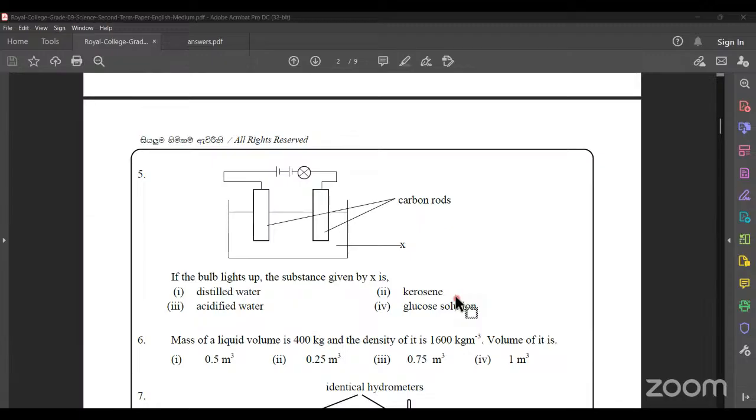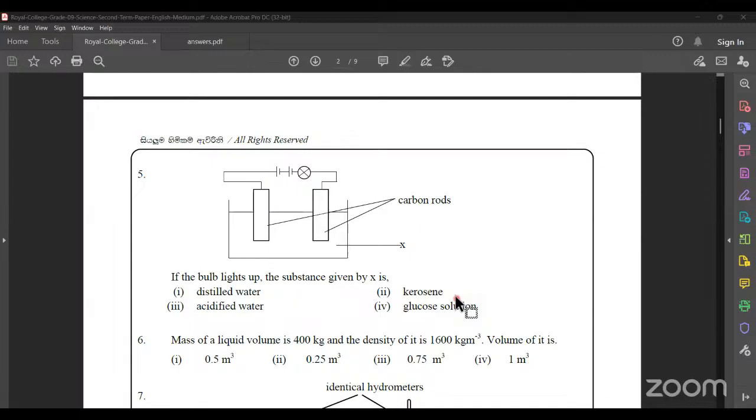So, if we should light up the bulb, electricity should flow through X, right? So this liquid X should conduct electricity. So there must be ions in this liquid. So ions can flow between these carbon rods to conduct electricity.